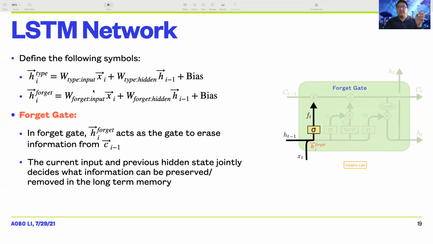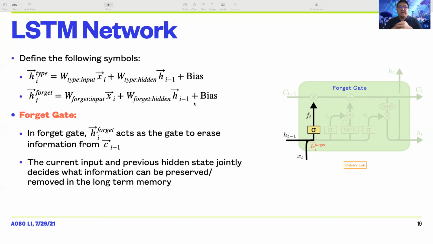But now, because we have multiple gates, we have to define a certain type for each gate. For example, for the forget gate, we have H_i forget, which comes from the weight matrix of the input of the forget gate times the input, plus the weight matrix of the hidden state of the forget gate times the hidden state, plus the bias.